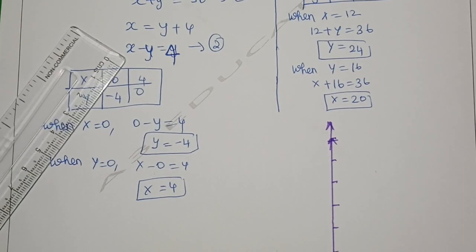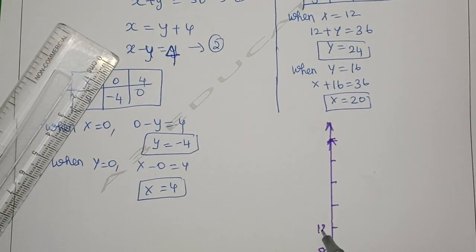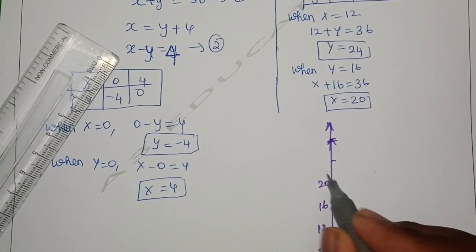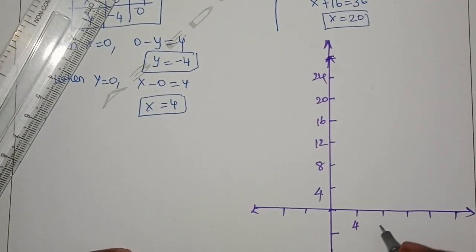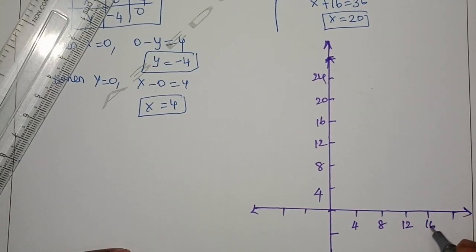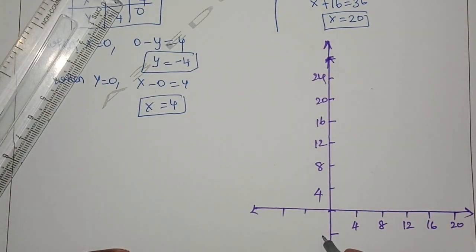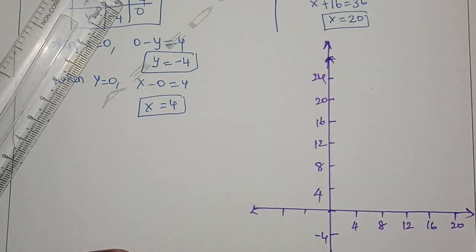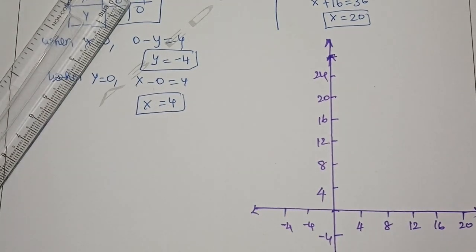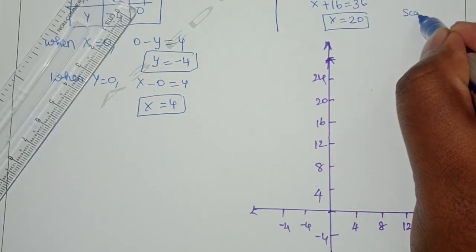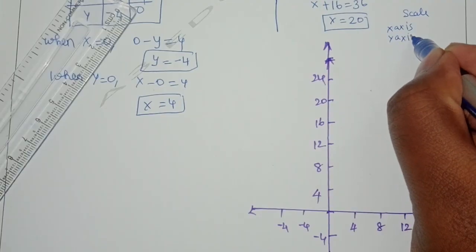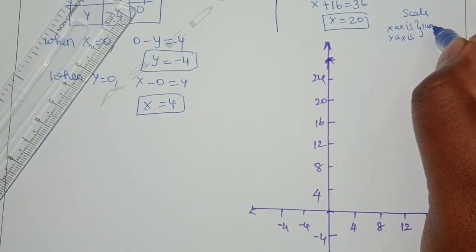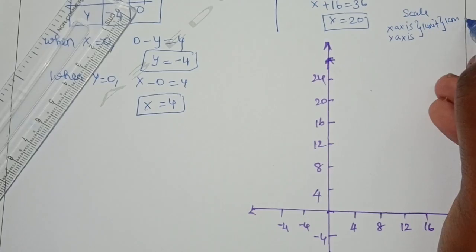Therefore 4, 8, 12, 16, 20, 24 on the positive side, and minus 4, minus 8 on the negative side. Write the scale for the x-axis and y-axis as 1 unit equals 1 centimeter.